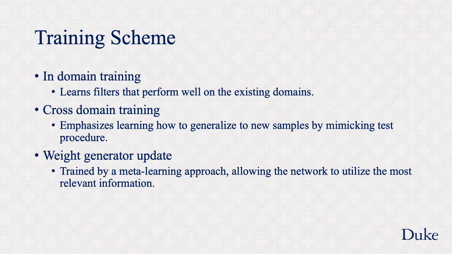We use in-domain and cross-domain training and weight generator update processes to encourage these properties. In-domain training, where data in domain S only uses the shared filters and its domain-specific filters to make predictions. In this step, filters are learned that perform well on the existing domains.